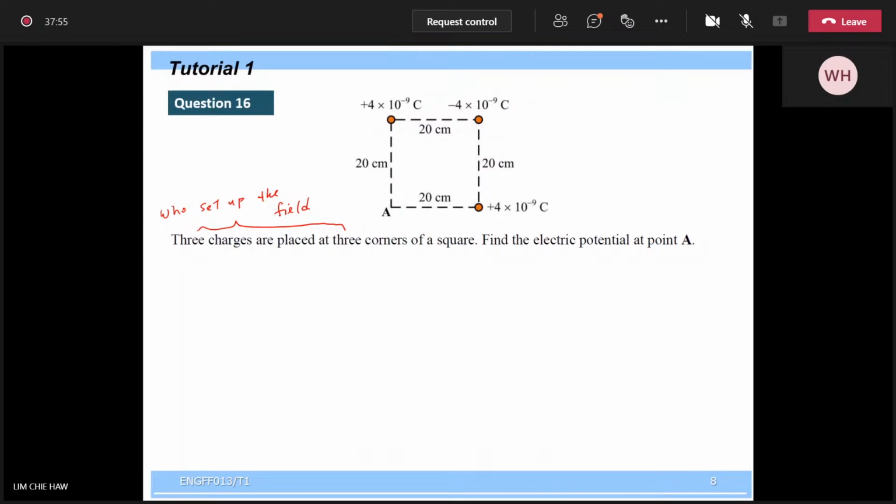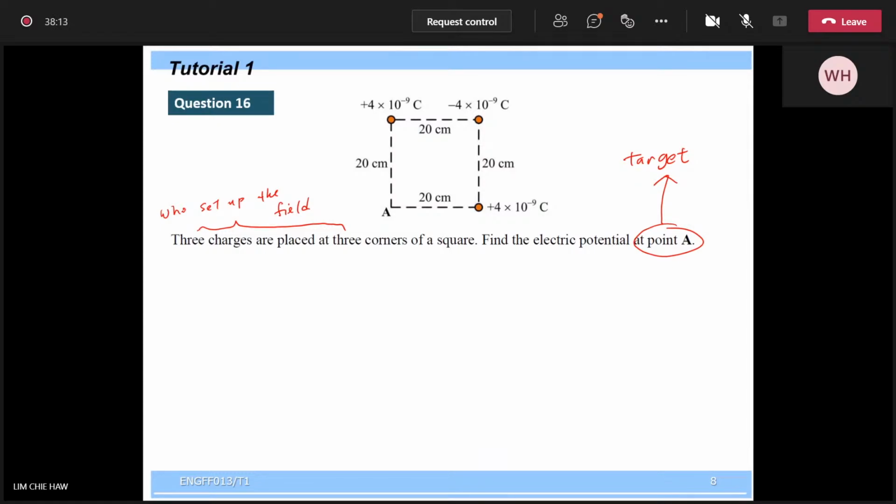And the second sentence, find the electric potential at point A, is actually your target. So this question is just similar to those electric field questions.